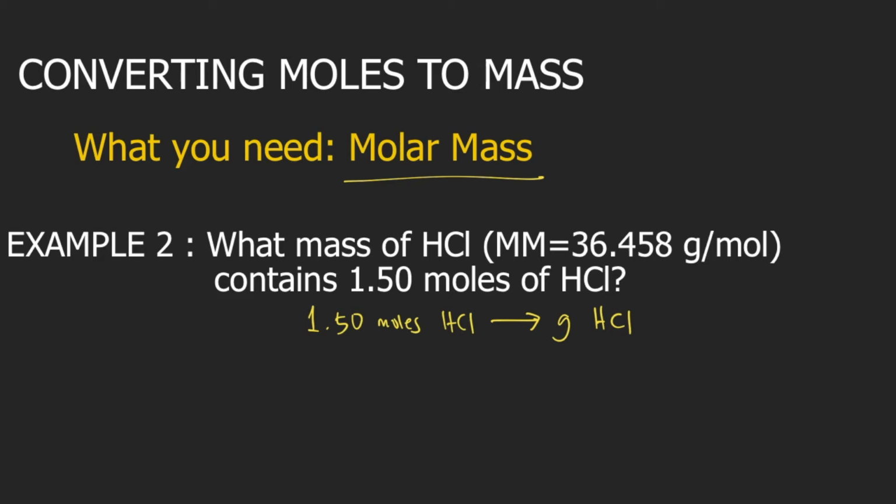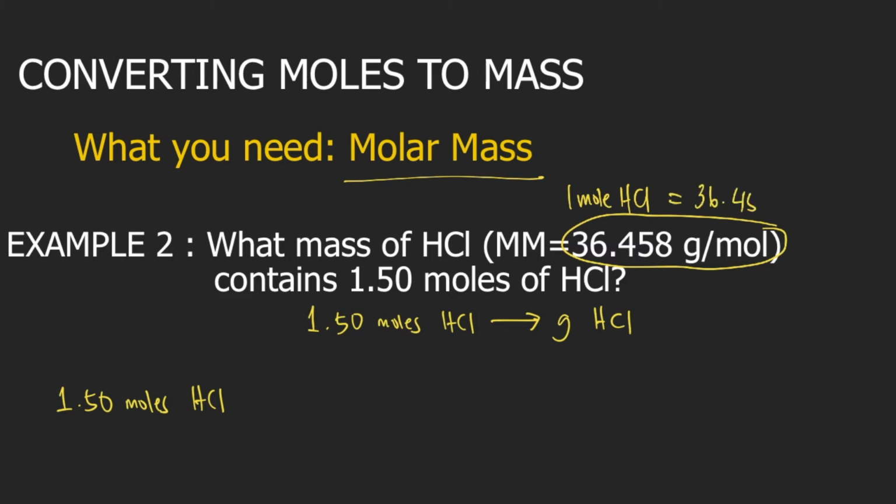So we start with the given 1.50 moles, and we are given the molar mass, which is 36.458 grams per mole. This means that 1 mole of HCl is equivalent to 36.458 grams of HCl.